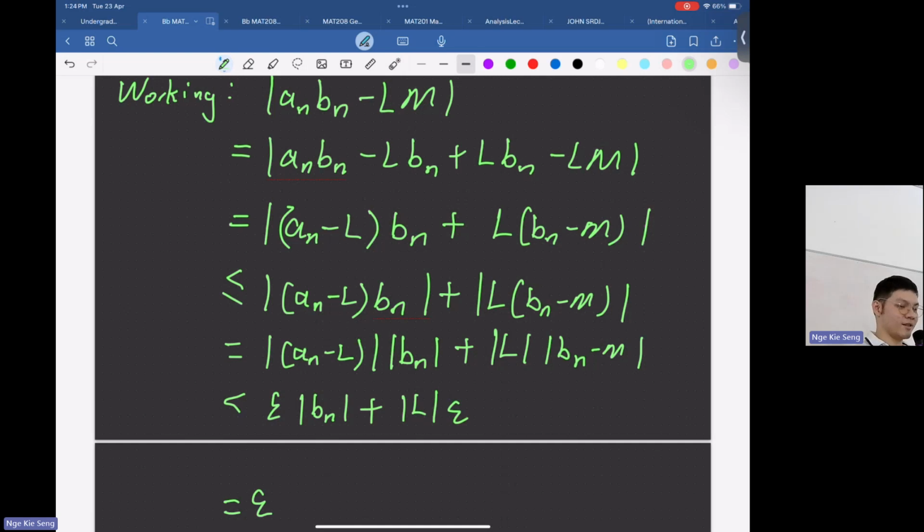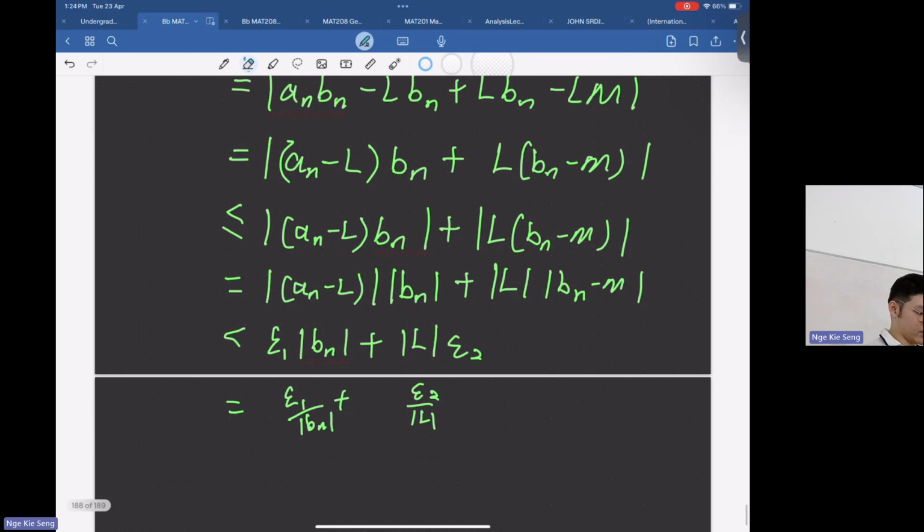Epsilon over bn plus epsilon over the absolute value of l. Maybe these two epsilons might be different, so let's set epsilon 1 and epsilon 2. And then finally we get something like epsilon. Maybe I just fix them first, just use epsilon.